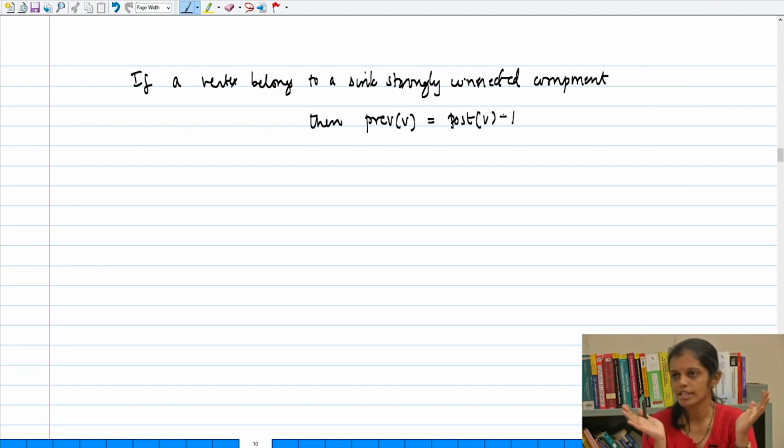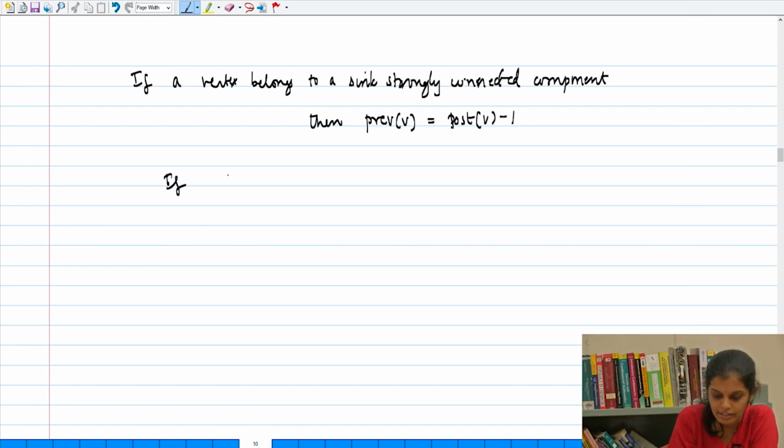If we can say that if the vertex has pre-visit number equal to post-visit number minus 1, then it belongs to a sink strongly connected component. I do not know whether this is what you wanted, but we would like to make a statement of this form: if it satisfies some condition, then V belongs to a sink strongly connected component.